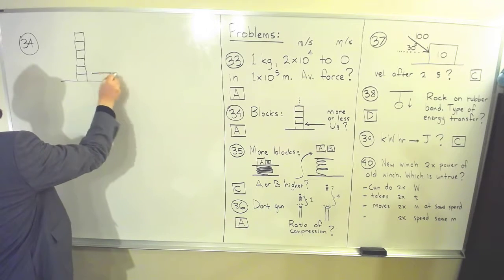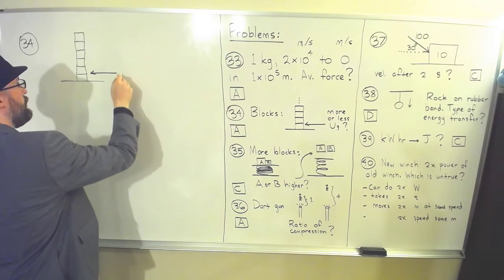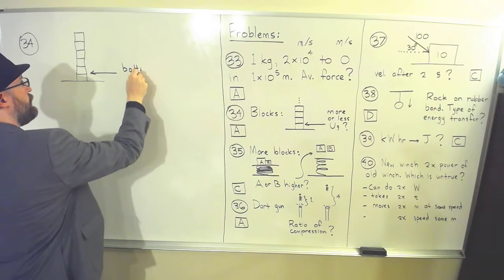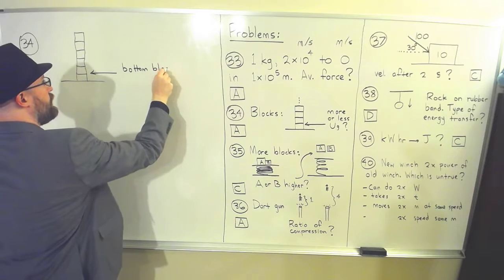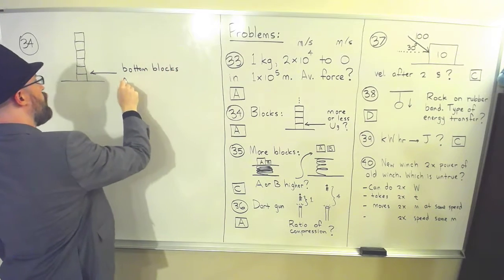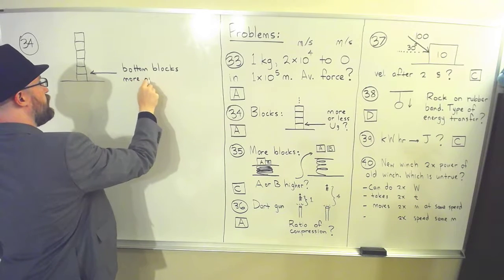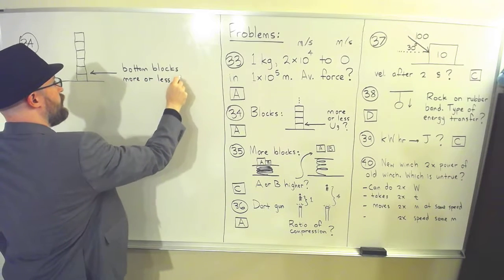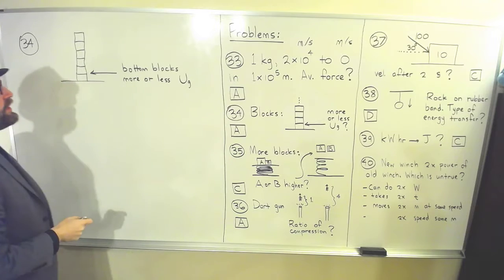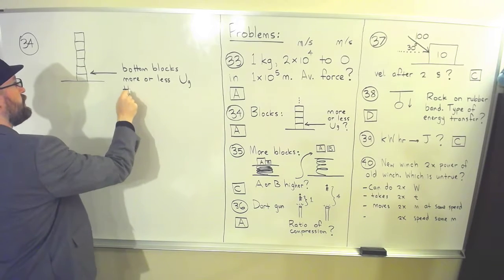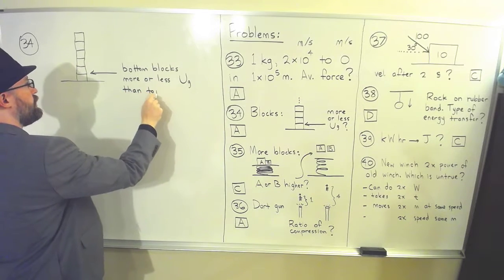And so what the problem asks you is, do the bottom blocks have more or less gravitational potential energy, that's the U_G, than top blocks.